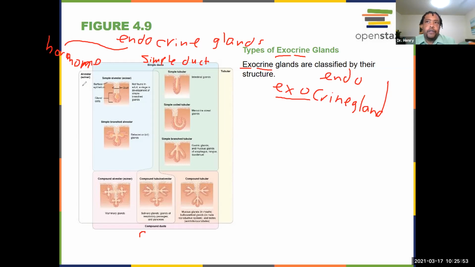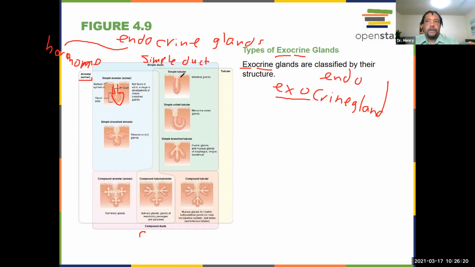So this guy here is like that pinch structure, that bobby pin at the end where it comes together. And then these guys are tubular, so just simple tubes.